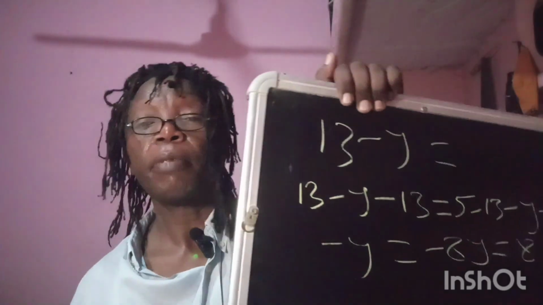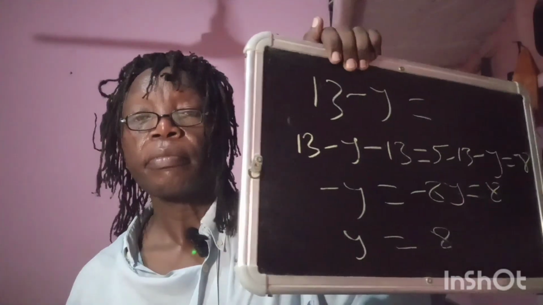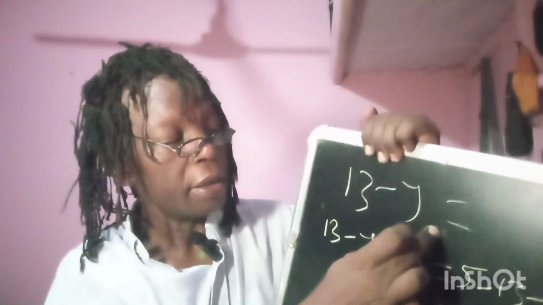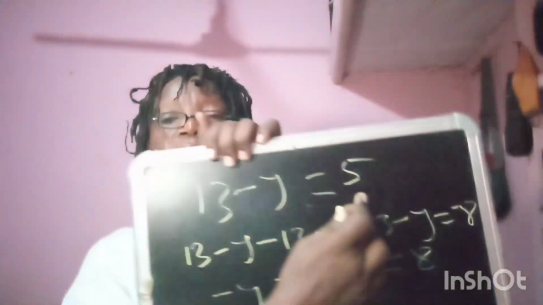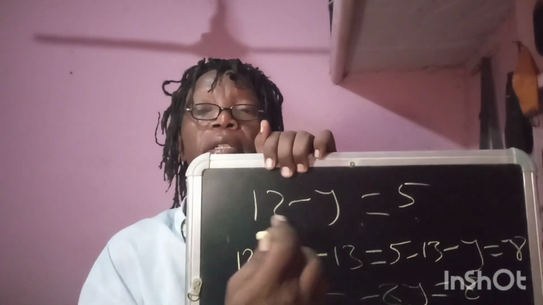The opposite of minus is positive, so you're gonna take positive y is equals to 8. And if you put in 8 here, 13 minus 8, you are supposed to find the value. Yeah, 13 minus 8 will be 5. It will give you 5 as a value if you put 8 here.